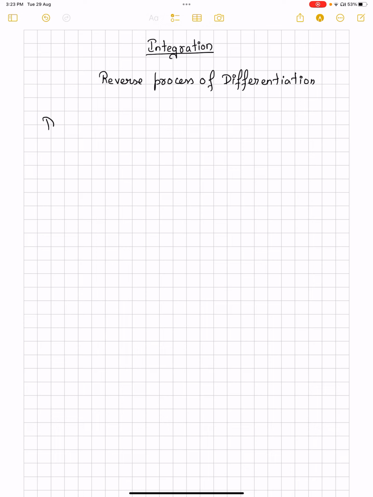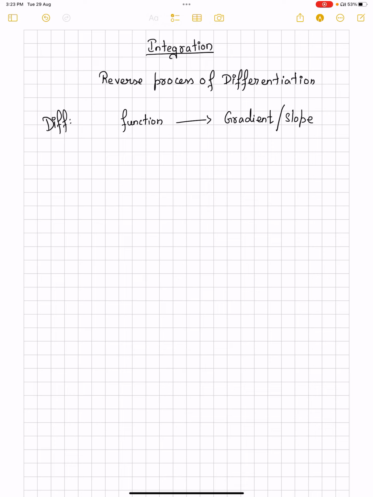If I have to say what is differentiation, then I would say that I would be given a function, and for that function, I would be finding out the gradient. This is what we do in differentiation, gradient or slope.